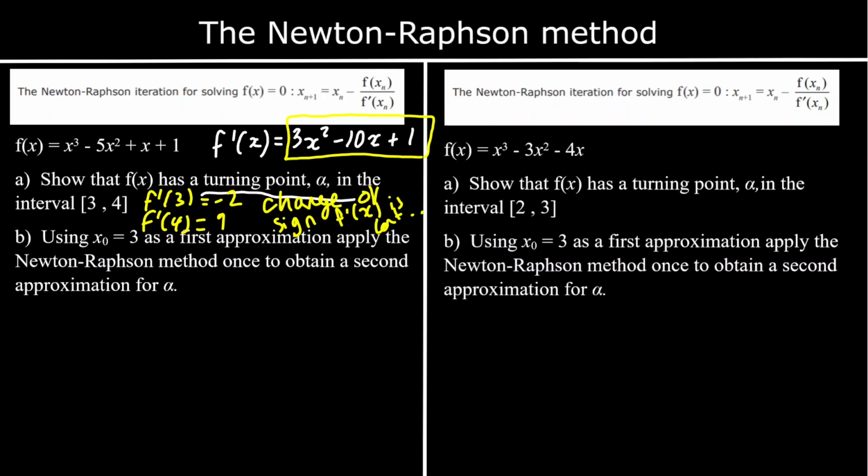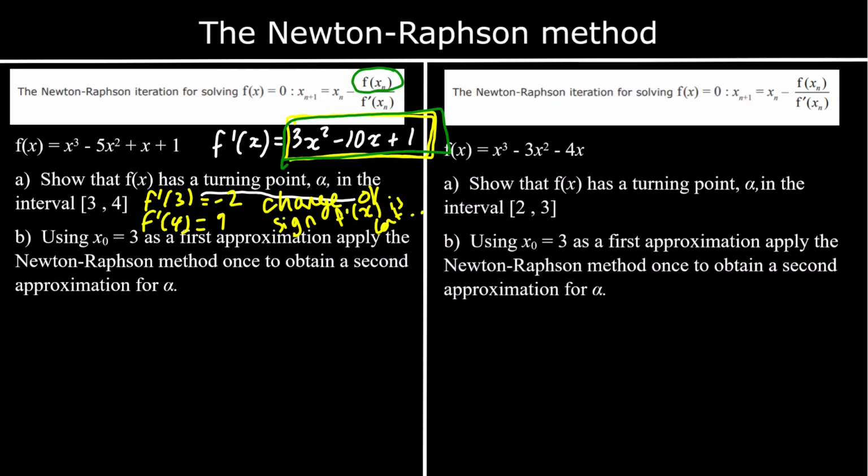Using x0 as 3 as a first approximation, use a Newton-Raphson method once to obtain a second approximation. So the function we're using this time is 3x squared minus 10x plus 1. So in our Newton-Raphson method, that is actually going to be our f of x, and we're going to have to differentiate that to get the gradient of the gradient function.